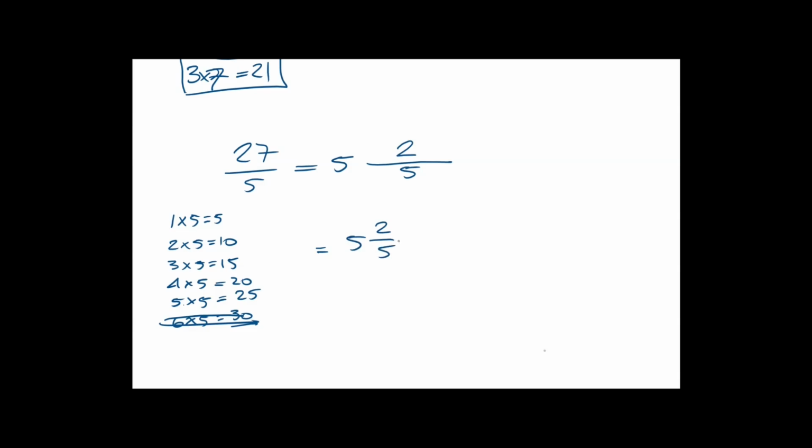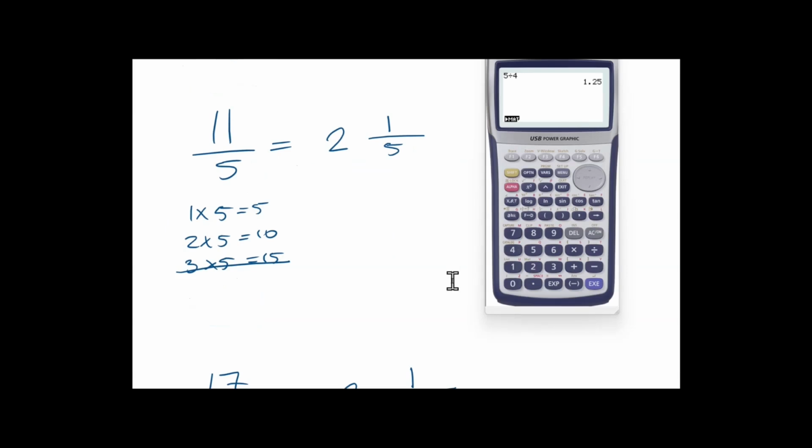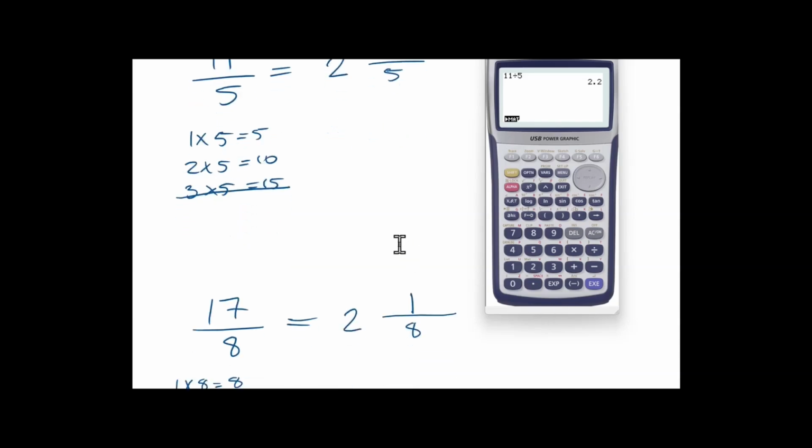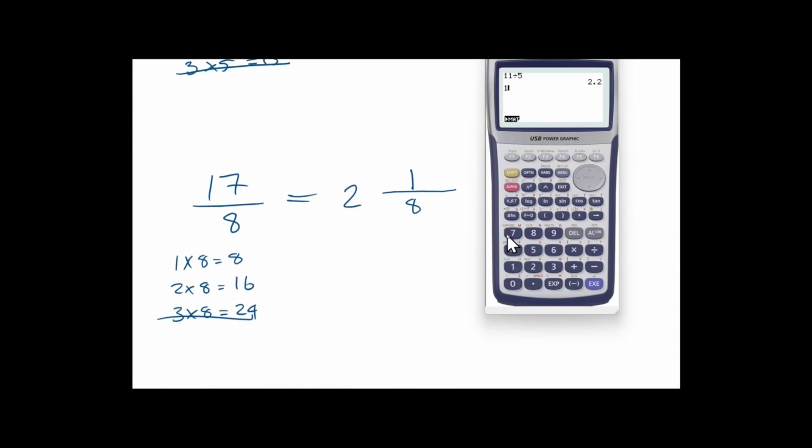And that's about as hard as they get, really. All right, let's get on to doing things the other way around. But just a little trick. If we wanted to know what the number was to begin with, we could do 11 divided by 5. And the answer is going to be 2 point something. That 2 there in front of the decimal point is going to be our whole number. So we could kind of cheat using these numbers. Let's go down a bit. 17 divided by 8 is going to be 2 and a little bit more.